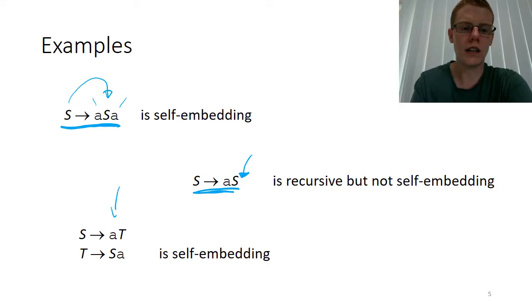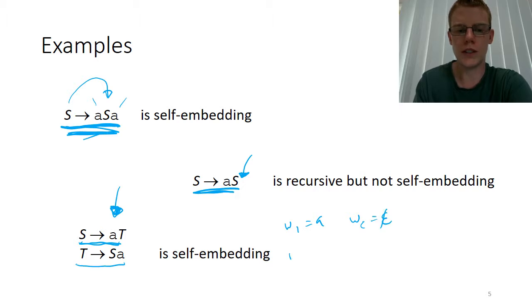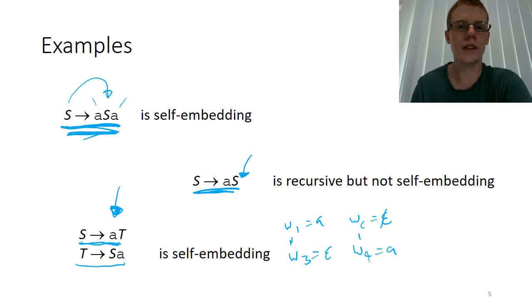This rule here, the first rule, whilst it doesn't look as obviously self-embedding as the first one, when we eventually follow it out to include this rule here, we see that it is self-embedding because we've got W1 equals A and W2 equals epsilon, but W3 equals epsilon and W4 equals A. So when we concatenate W1 and W3, and W2 and W4, if you go back to the definition of self-embedding, you'll see that in this case W1 W3 is A and W2 W4 is A. So that fits the definition we had for self-embedding.